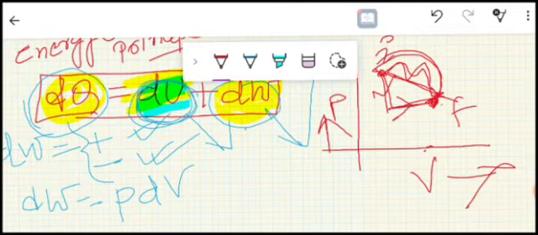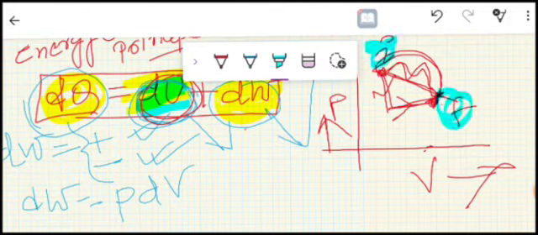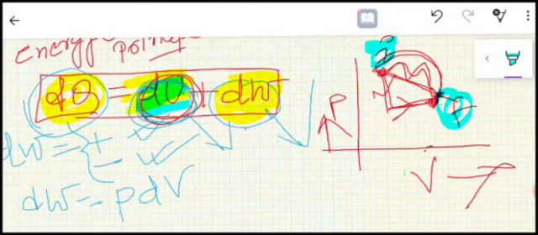So work is a path dependent function, whereas in case of internal energy, this variable does not depend on the path. So this is a state variable, but depends only on the initial and final state. That is initial state this, final state this. So it is a state variable. So the first law of thermodynamics tells nothing more than that.